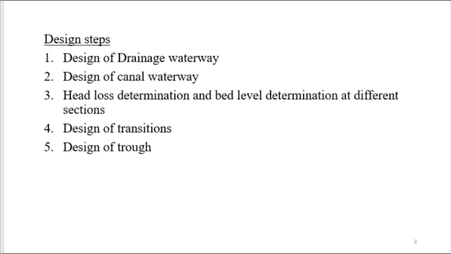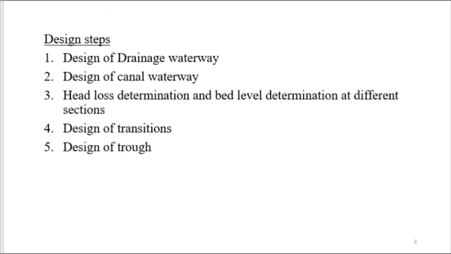Third one is head loss determination and bed level determination at different sections. That is usually done in order to maintain a constant depth throughout the hydraulic structure. What should be the bed level provided at each point? For that, we will find the head loss at each point and adjust the calculation so that a constant water depth of 1.5 meter will be maintained at each section.